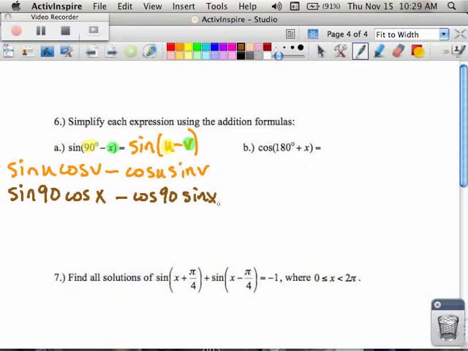I'm just following what the formula says. The v is what comes after the minus sign in the formula, so that's why I'm just using x.